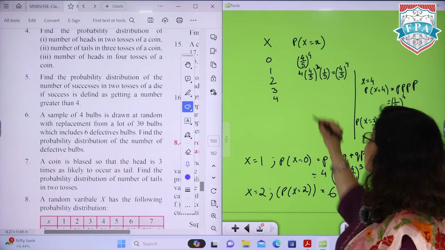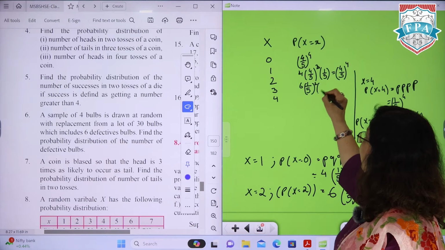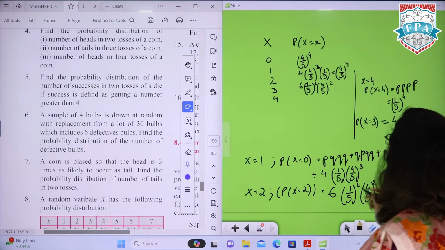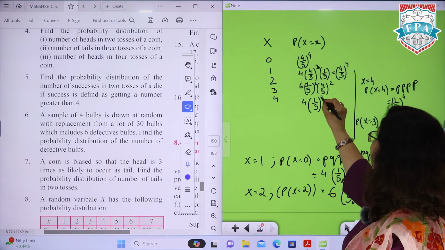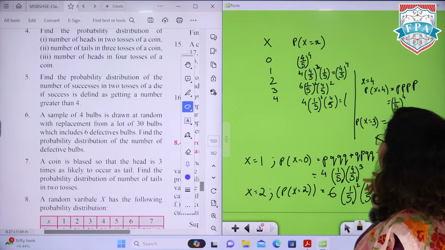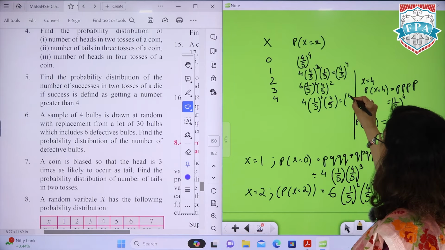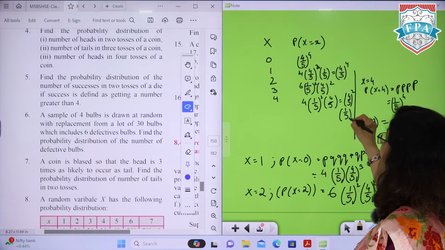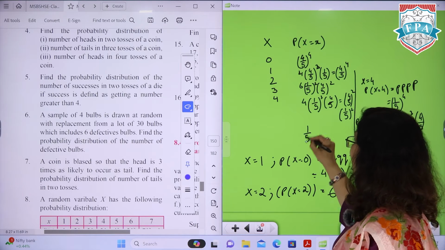The next one is 6, 1 by 5 whole square and 4 by 5 whole square. The next one, 3, is going to be 4, 1 by 5 whole cube into 4 by 5, which finally again becomes the value of 4 by 5, and then 4 by 5 whole square multiplied by 1 by 5 square, and the last value is 1 by 5 to the power of 4.